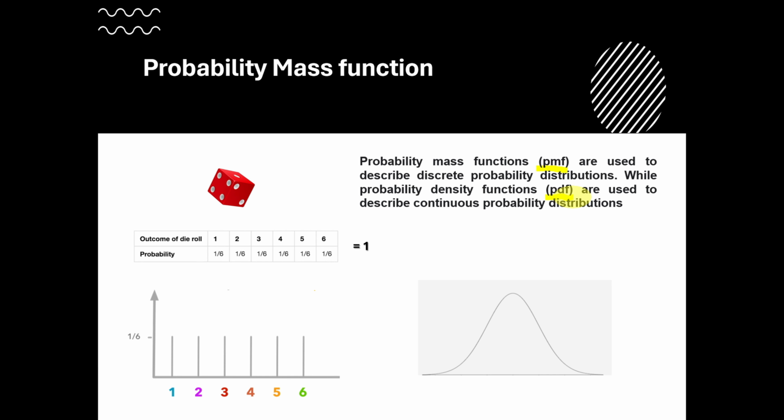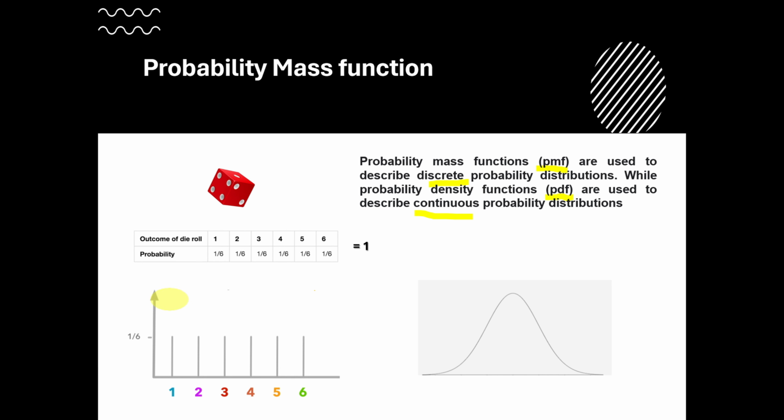Many people get confused with that, but if you try to remember D with distribution and density, the probability density function is always continuous. If you just remember one, the other one is the opposite. The other one is used for discrete.